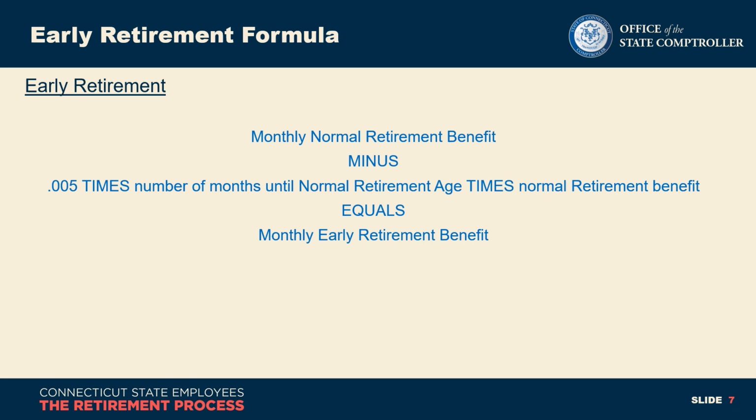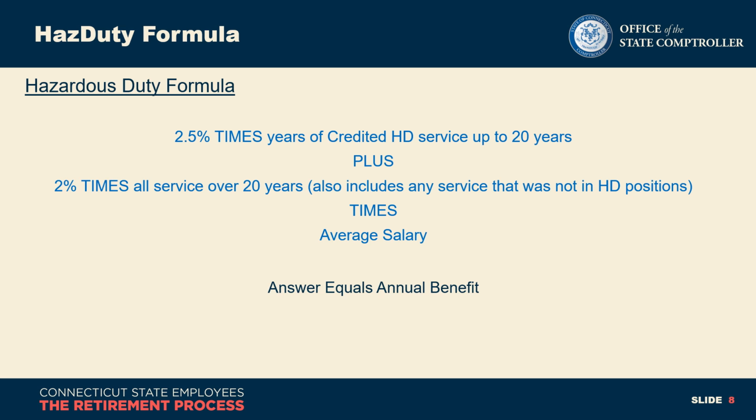The benefit for hazardous duty members who complete the minimum number of years of actual service in hazardous duty positions for their tier will be calculated as follows using credited hazardous duty service. 2.5% times their years of hazardous duty service up to 20 years.